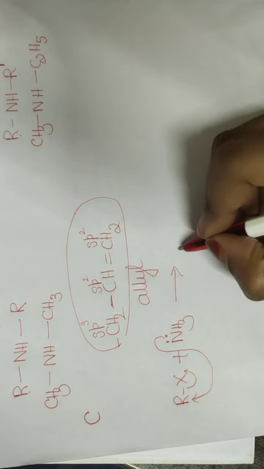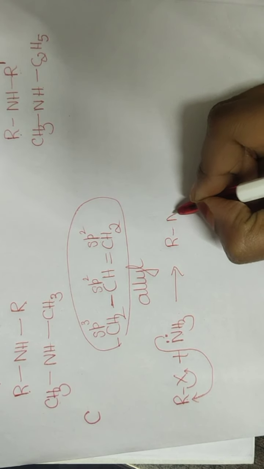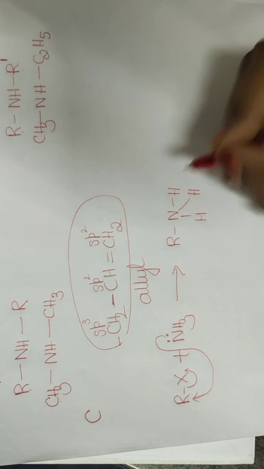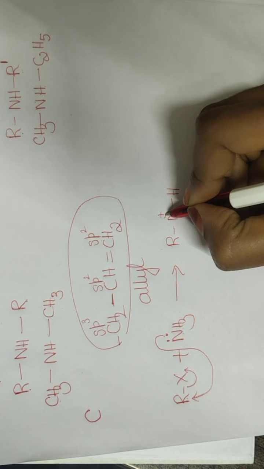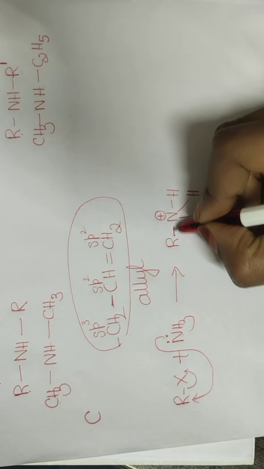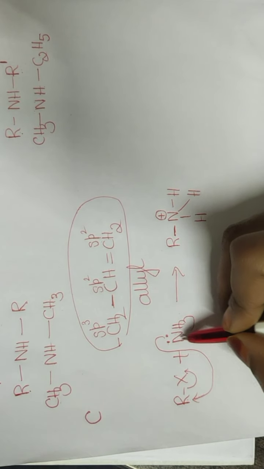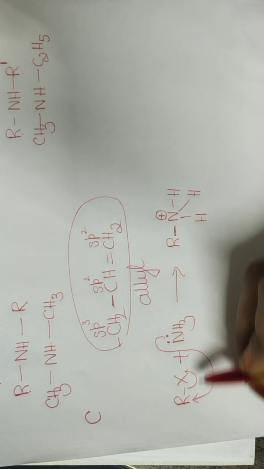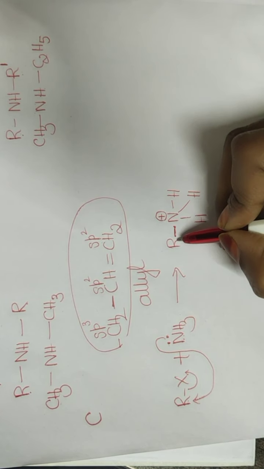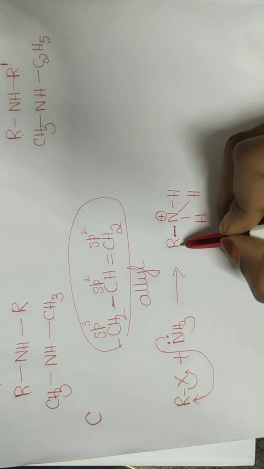So look over here, R N H3, there are 3 hydrogen atoms, but this nitrogen atom will have a positive charge. Why will it have a positive charge? Because both the electrons are of nitrogen. Now it has been involved in the bond formation. One bond is with nitrogen, another bond is with the R group now.